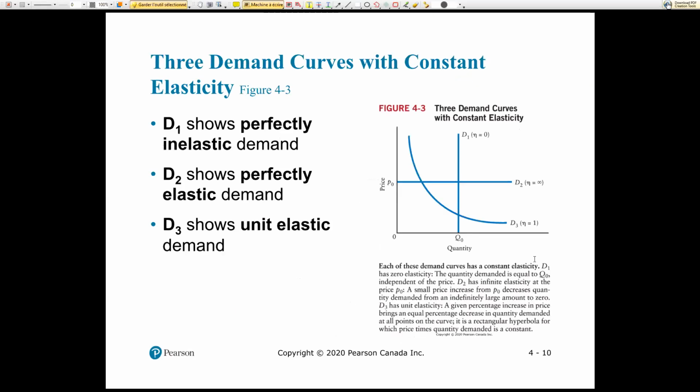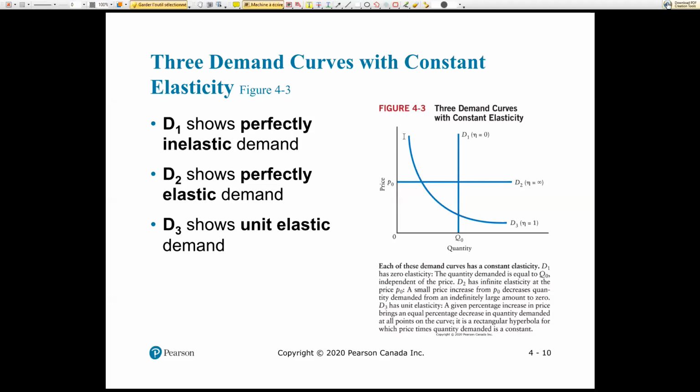So the question: what happens if it's perfectly inelastic? Well, it's vertical, and in that case, the elasticity is 0. The opposite, if it's perfectly elastic, meaning it's horizontal, in that case, the elasticity is infinite. So these are extreme numbers.